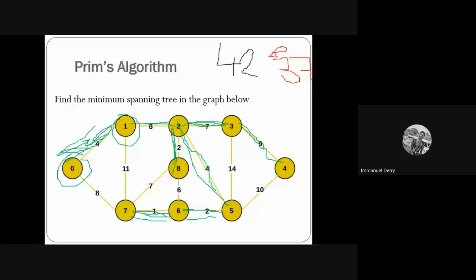So we have 4. Let me change the color. So we have 4 plus 8, which is 12, plus 2, which is 14, plus 1, which is 15, plus 2, which is 17, plus 4, which is 21, plus 7, which is 28, and then plus 9, which is 28 plus 9.